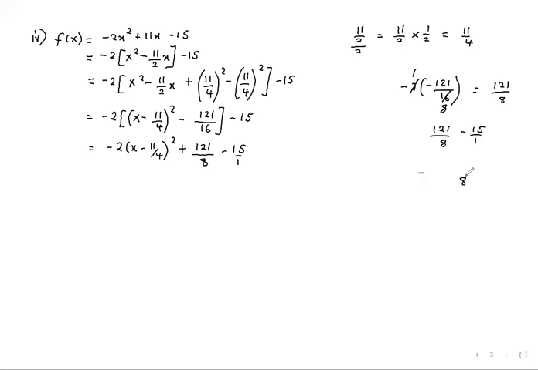There is 8 down. You get 121 minus 15 times 8 is 40 here, carry 4, which is 120. So we get minus 120, giving us negative 2 times x minus 11 over 4 squared, that is plus 1 over 8.